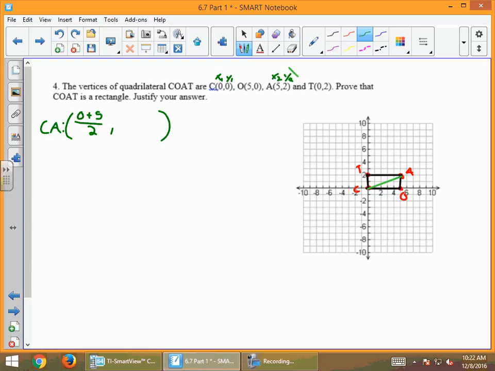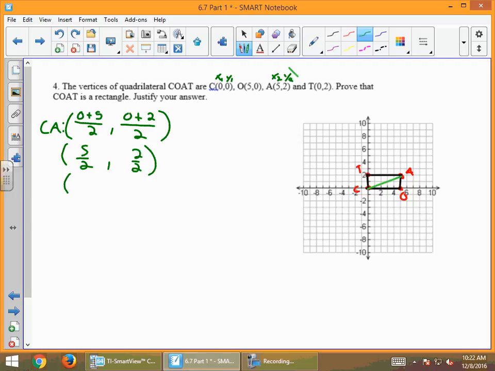The Y's are 0 plus 2 divided by 2. We know we need to reduce. What is 0 plus 5? 0 plus 5 is 5, over 2. The next one, 0 plus 2 is 2, over 2.